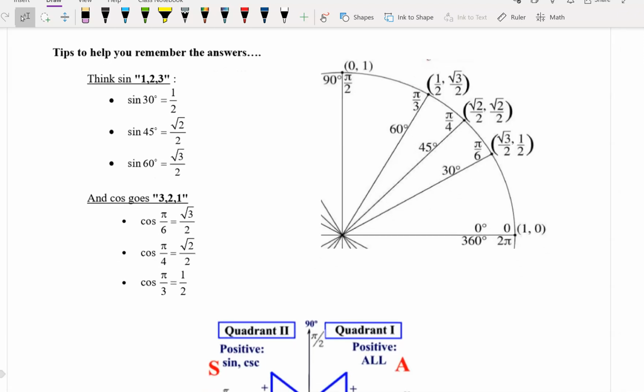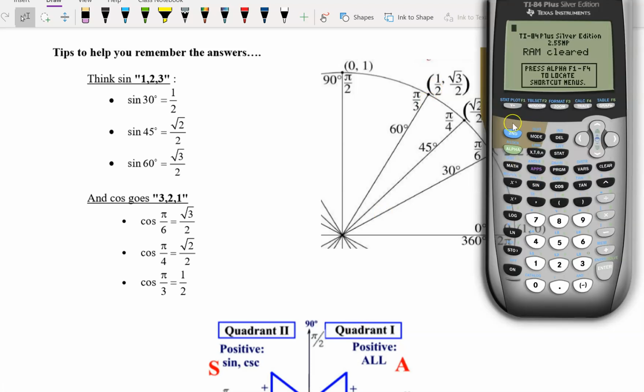You will also memorize your trig values. For example, for pi over 3, if I wanted to know what cosine of pi over 3 is, I could just look. Cosine is your x-coordinate, so cosine of pi over 3 must be 1/2. We can always check that with our calculator.